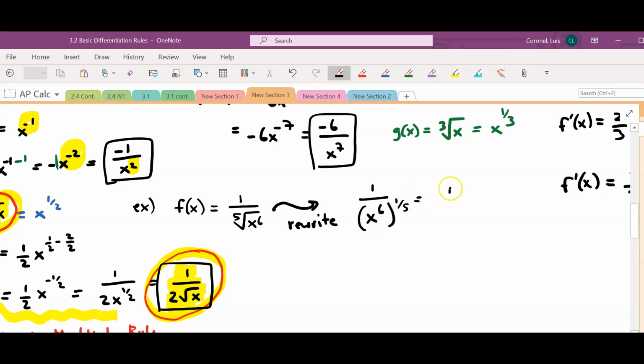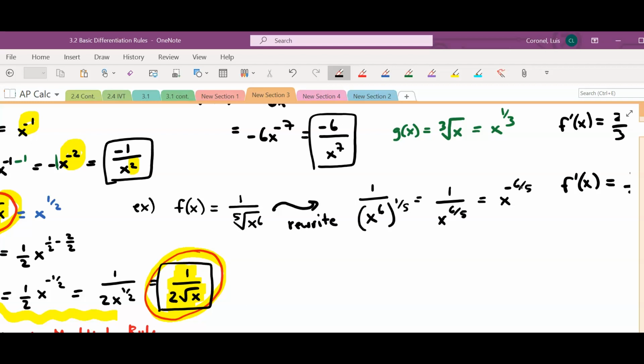I'm going to multiply those exponents, and I get x to the 6 over 5. Then from there, I'm going to take my power and move it to the top, so that becomes a negative exponent, a negative power. Alright, so that's rewriting.